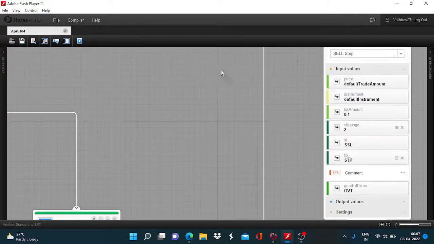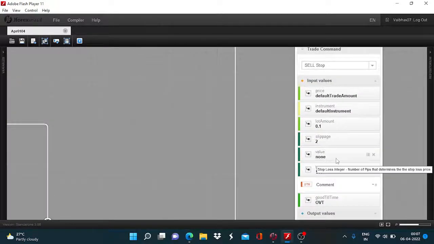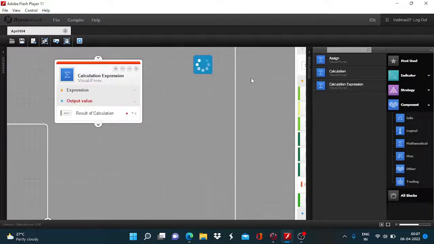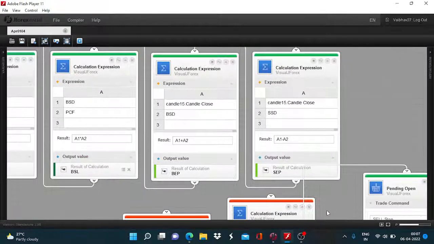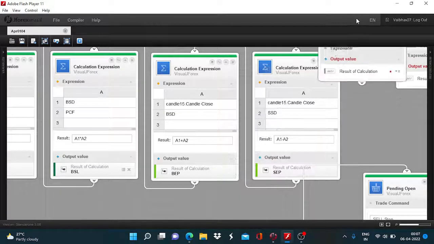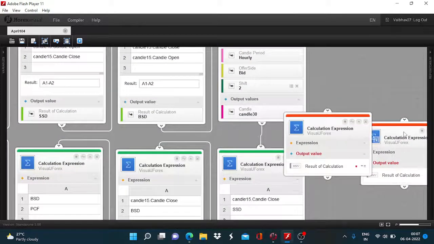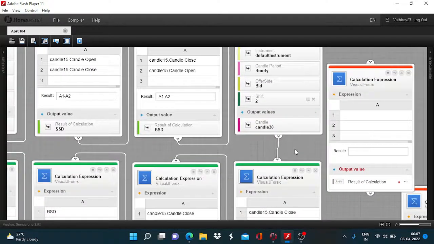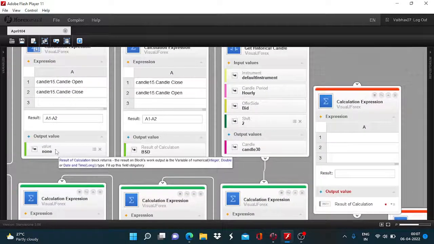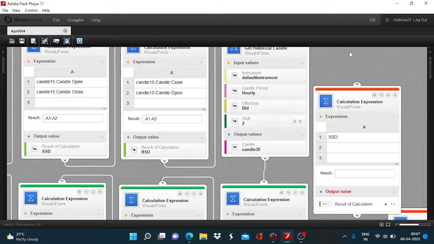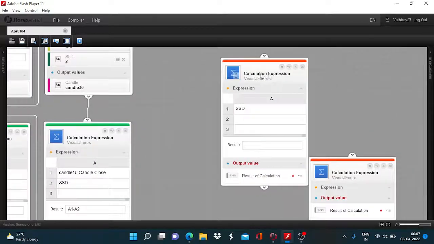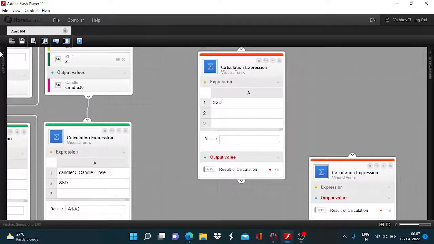Now we have to calculate the sell side stop loss and take profit. For that we are going to need two calculation expression blocks, and this will be in proportion to the difference, actual difference between the opening and the closing value of the last hour, and that is here this variable SST. Whatever is the difference, same will be our stop loss. We simply have to convert it into the integer data type.